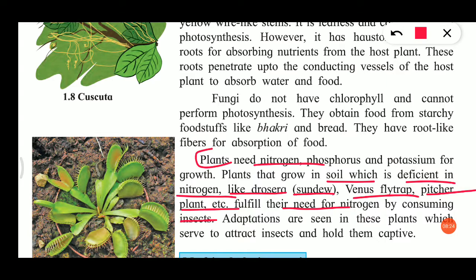The plants given here are Drosera, Venus flytrap and pitcher plant. So they depend on consuming insects.